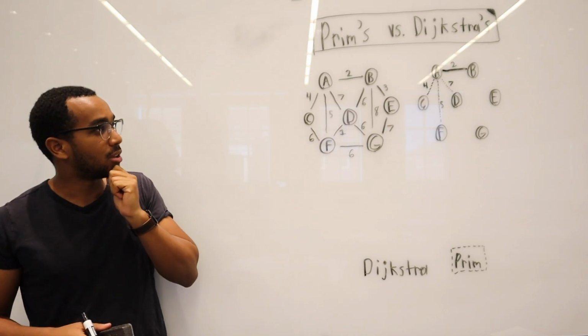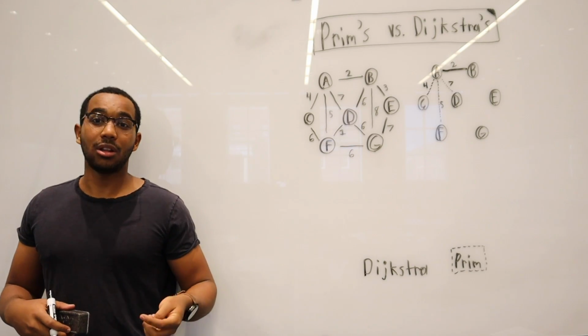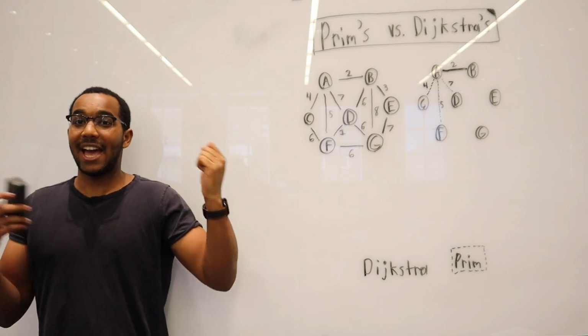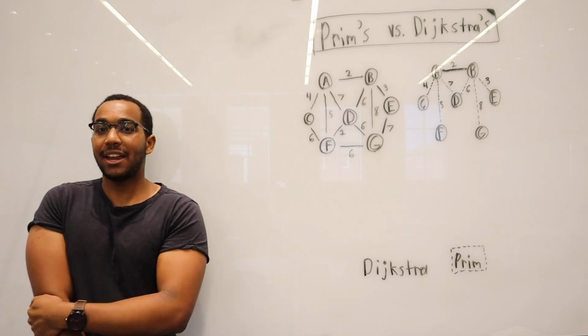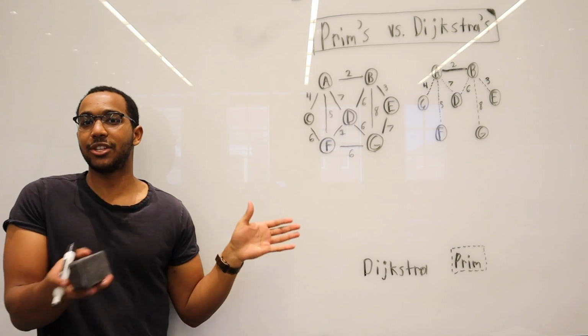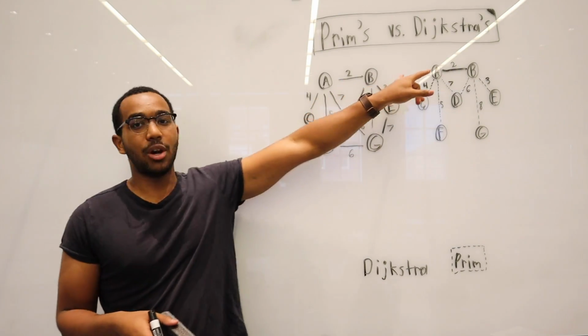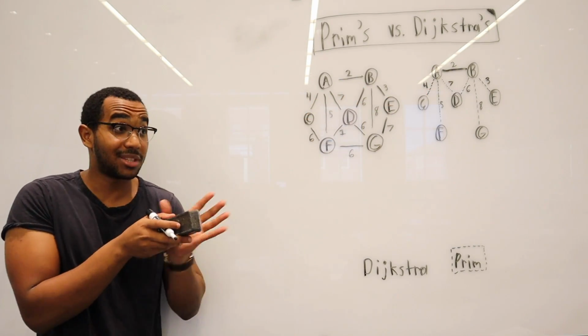We made that connection. But now that B is connected to the tree, we consider all of B's edges coming off of it. So I want you to think of this as soon as we add a node, it's just like a range of vision. Because these 2 nodes added to this tree are going to have edges and other nodes they can see.